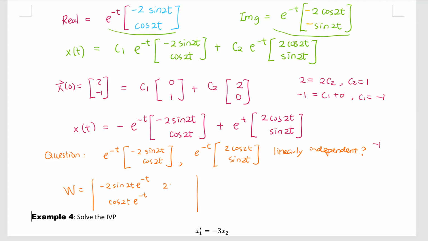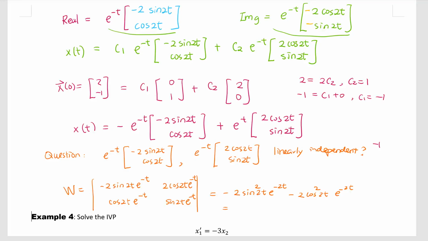And here we have 2 cosine 2t, e to the minus t. Here we have sine 2t, e to the minus t. So cross multiply. Then you get -2 sine 2t squared, e to the minus 2t. Subtract 2 cosine 2t squared, e to the minus 2t.